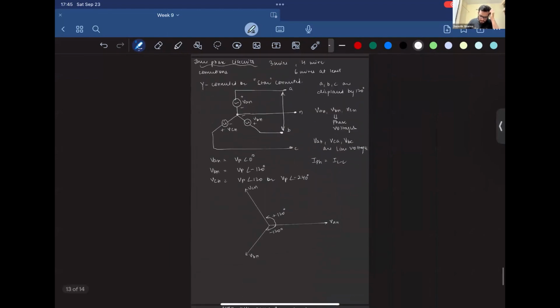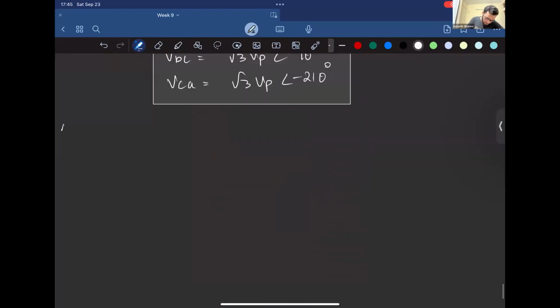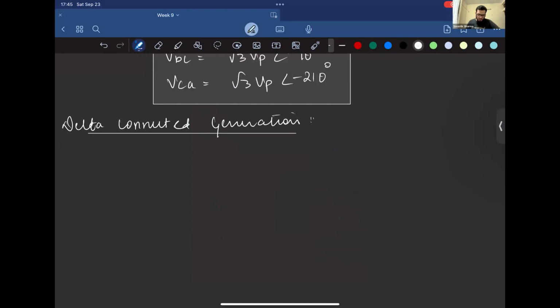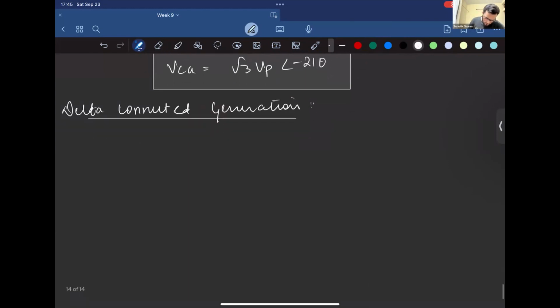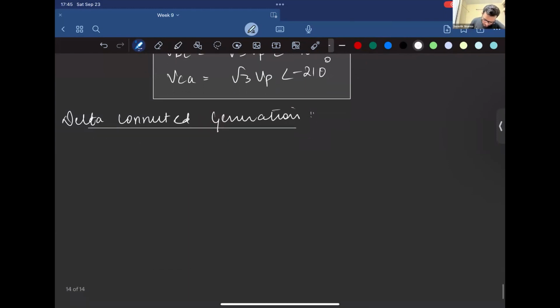So let's do the same for a delta connected generation. We'll quickly do this and we'll do one or two questions based on this too.